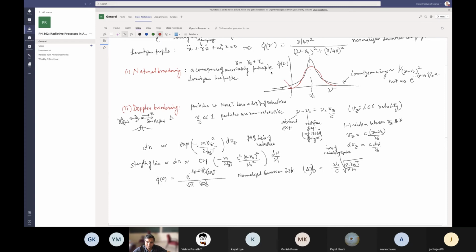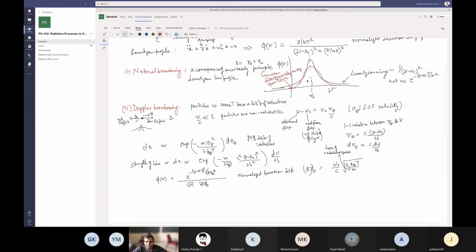This is Gaussian, falls off quickly away from the core. Right, so my drawing is a little funny.